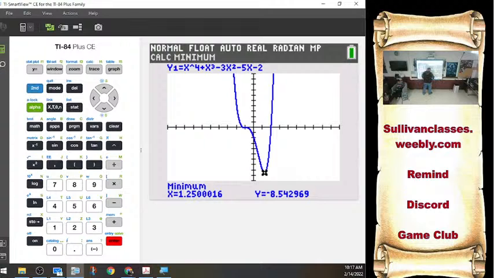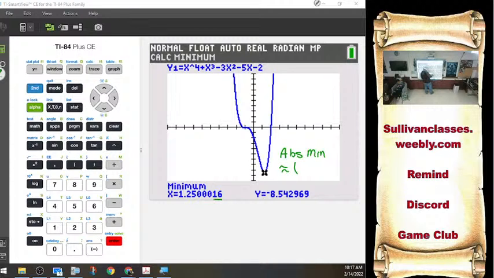Here I'm going to say that I have a what kind of minimum? Absolute. It is an absolute minimum, approximately.